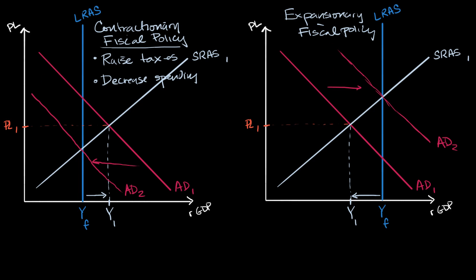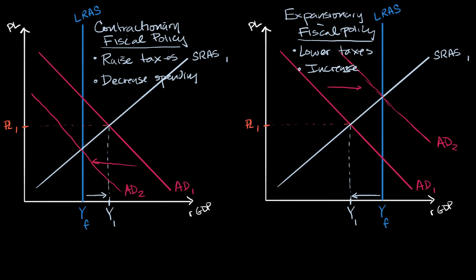And what are examples of expansionary fiscal policy? Well, it's going to be the opposite. You could lower taxes, or you could increase spending. So let's focus on the expansionary policies and dig a little bit deeper into the numbers.